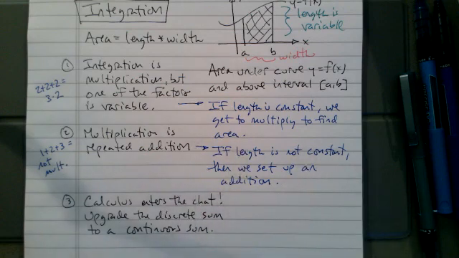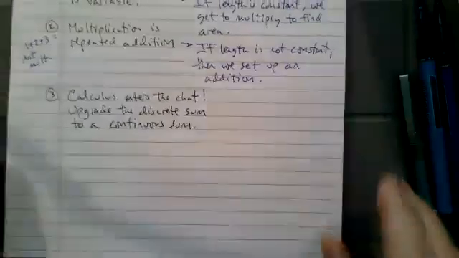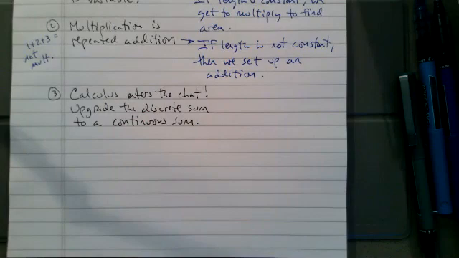So we're going to set up an addition by breaking up the region. Our plan is to assume the function is constant, at least for a little while, so we can use a multiplication to find area. And then just add up all of the pieces of area.